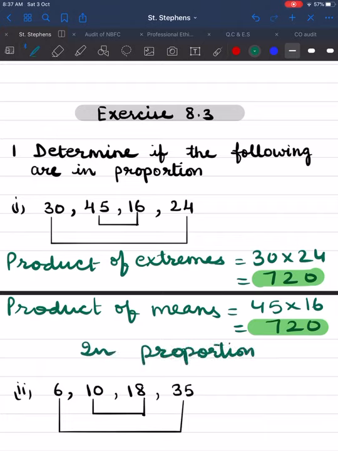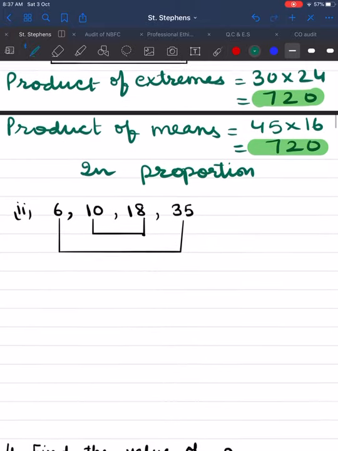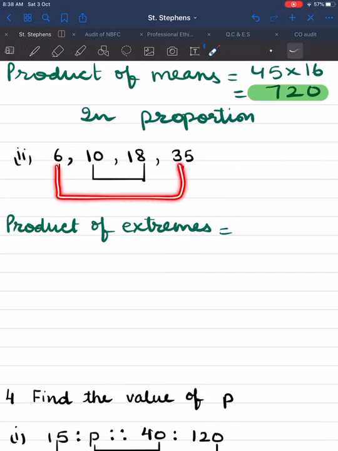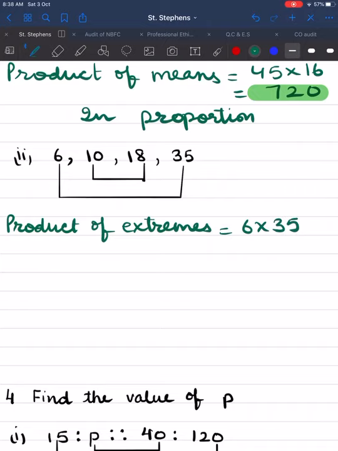Now let's do the second part. So here again we will find out the product of extremes. So we will multiply the first and fourth term. So it is 6 into 35, and we get 210.